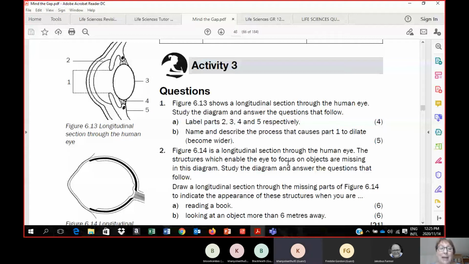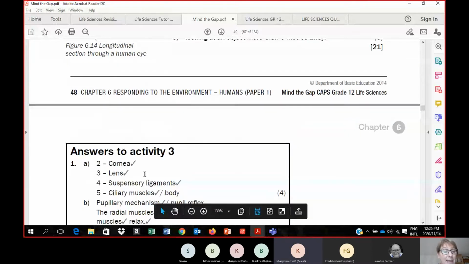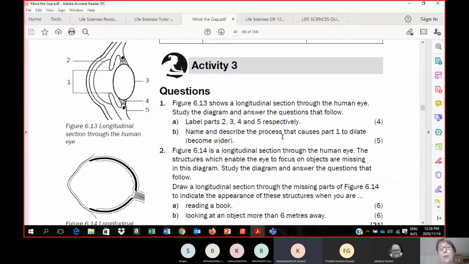Okay, I'm going to quickly go over the answers and see how you did. Hopefully you got all these correct. So the answer for 2 is cornea, 3 lens, 4 suspensory ligaments, and 5 ciliary muscles or ciliary body. Then the next question was name and describe the process.